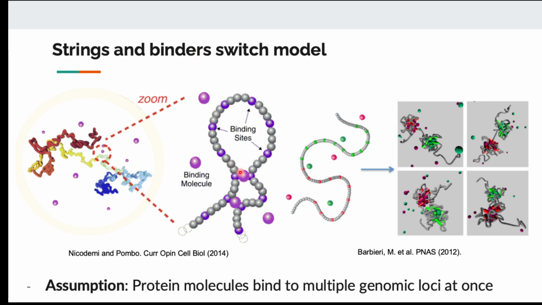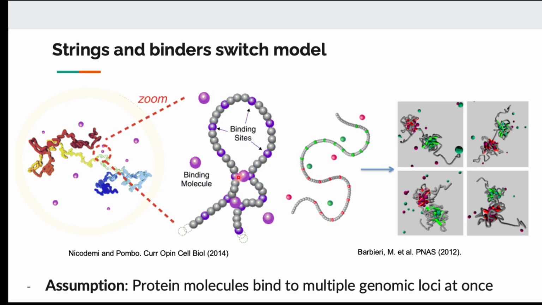The protein can move in 3D, and once it finds a binding site, it binds to it. Then, together with the binding site, when it meets another binding site, it can also bind to the second binding site. So basically the protein recognizes 2 regions on the DNA, and this causes DNA to clump together at certain locations. And those locations, the boundaries of the TAD, must contain some binding site of some protein.